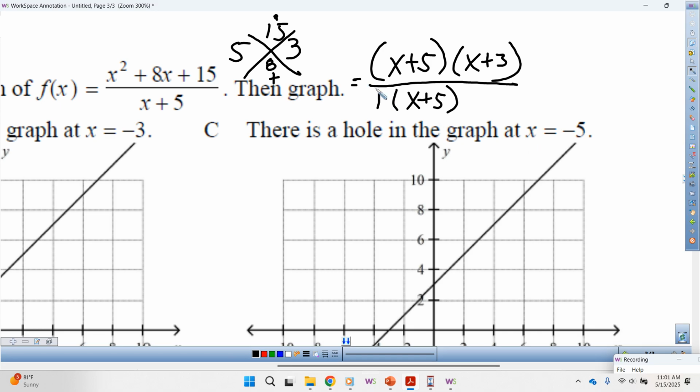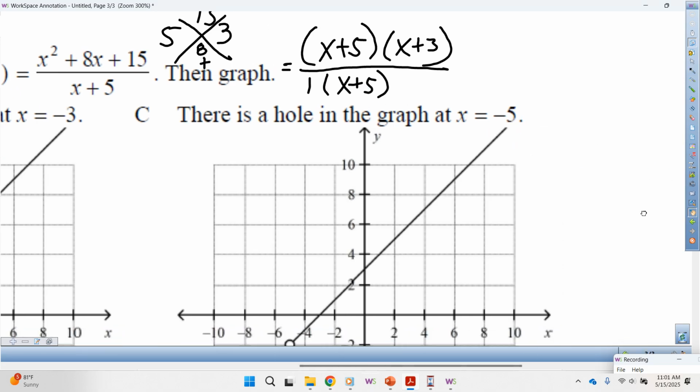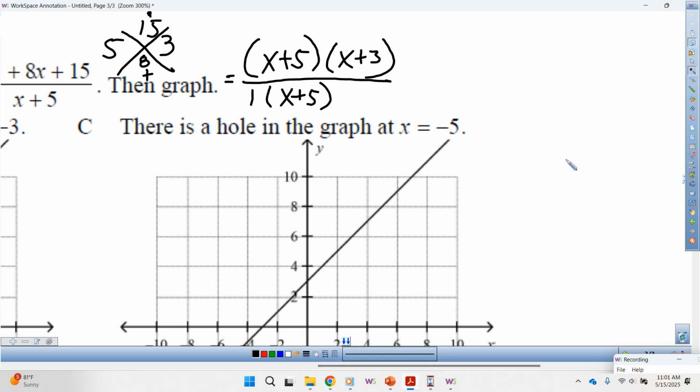So, can we take anything out, people? Yes. The x plus 5. And that leaves us with x plus 3 over 1 or x plus 3. And all that equal to g of x.